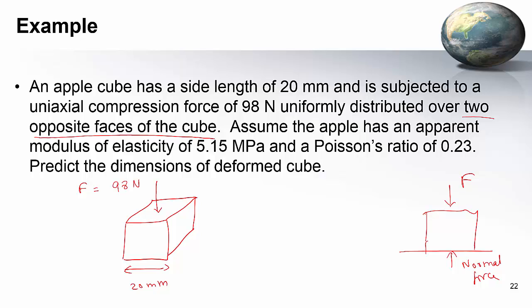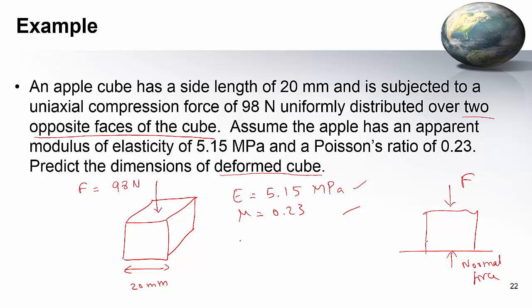And assume the apple has an apparent modulus of elasticity of 5.15 megapascals and Poisson's ratio of 0.23. So you know the material property. So what do they want to know? They want to know the dimensions of the deformed cube.